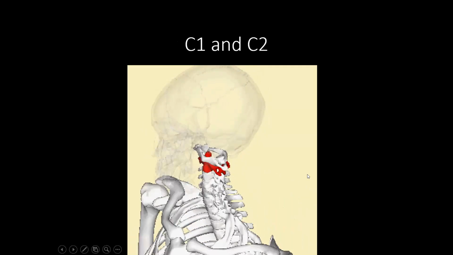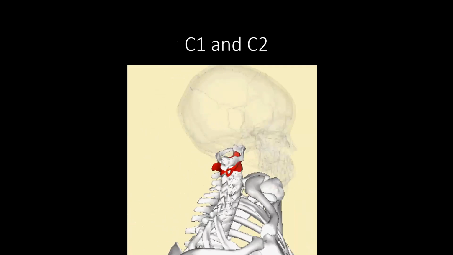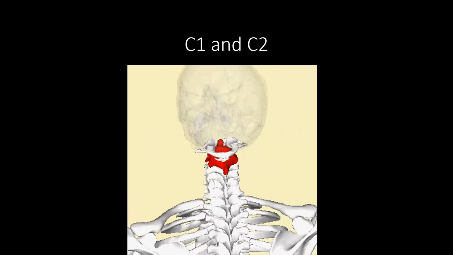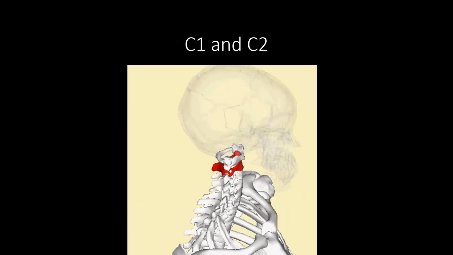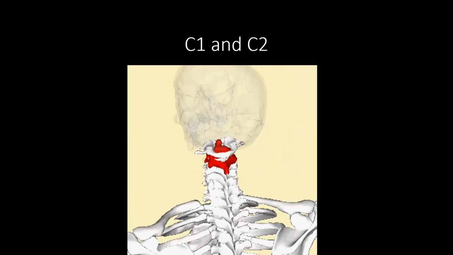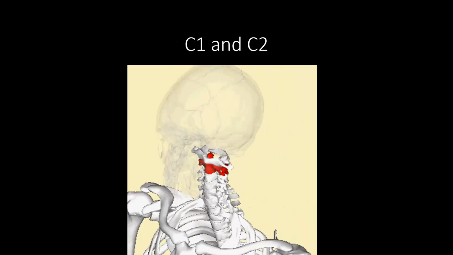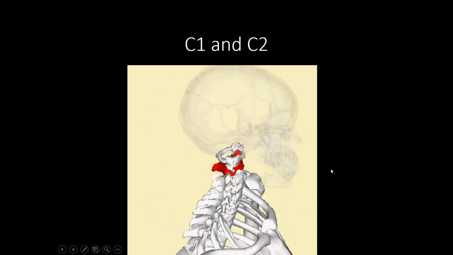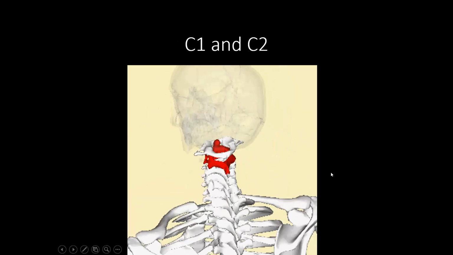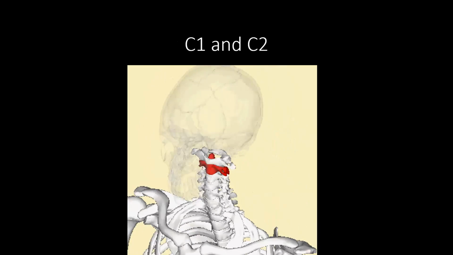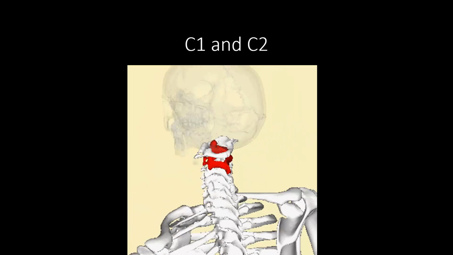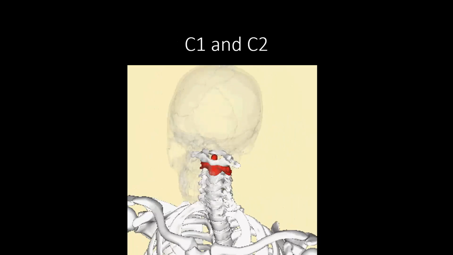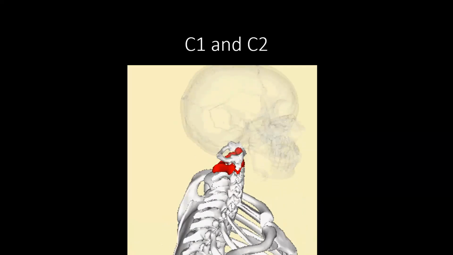There is C2, directly underneath C1, and that red structure sticking out right in the ventral side of C2, coming up behind C1. That's the dens or the odontoid process, and that is what allows the atlas to turn.